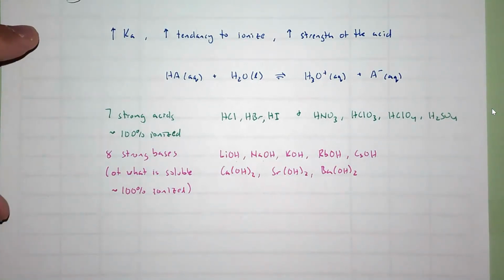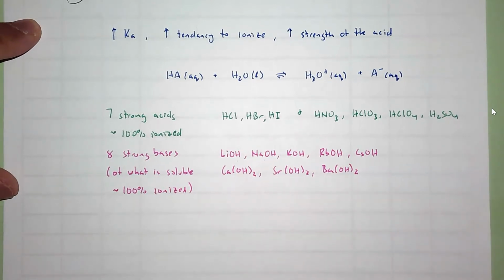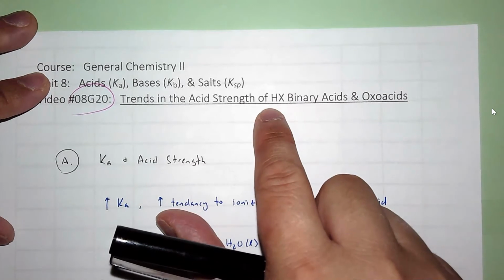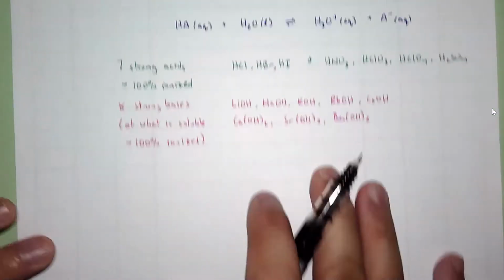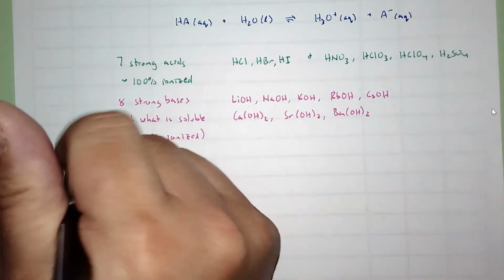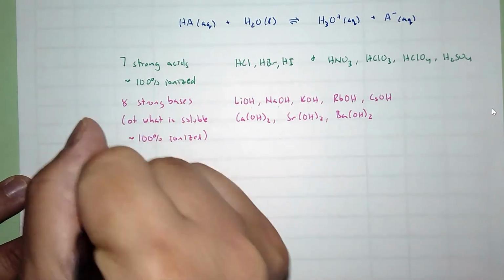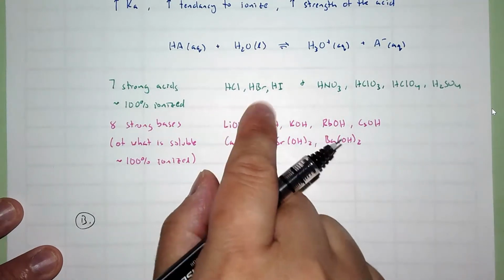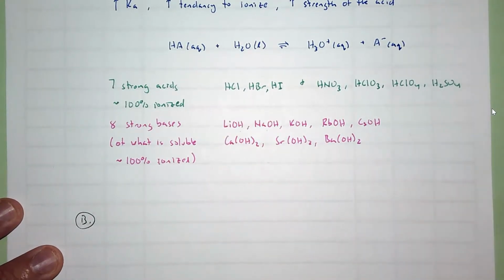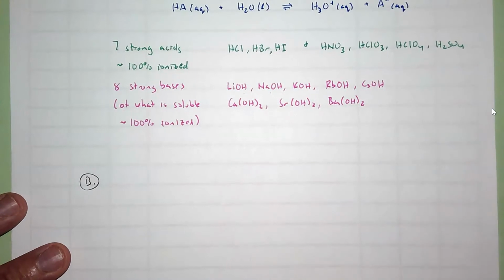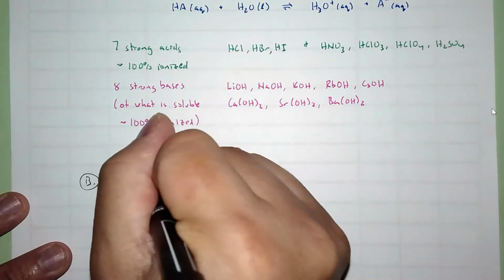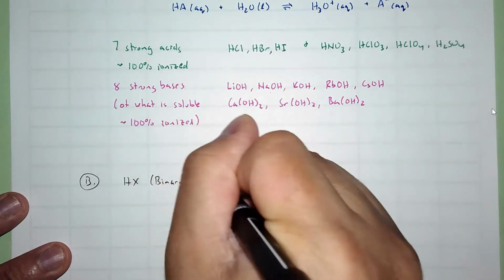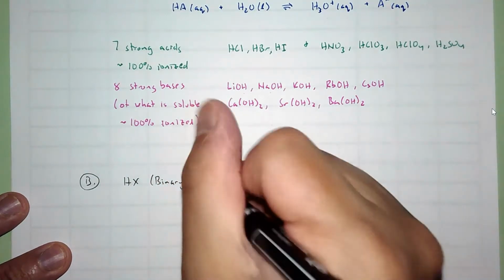Okay, the first set of acids I want to compare are the binary acids. That's HCl, HBr, HI, and HF. We already know that HCl, HBr, and HI are the strong acids, so HF is the one left out. These are the binary acids, and those are the only four we'll look at.